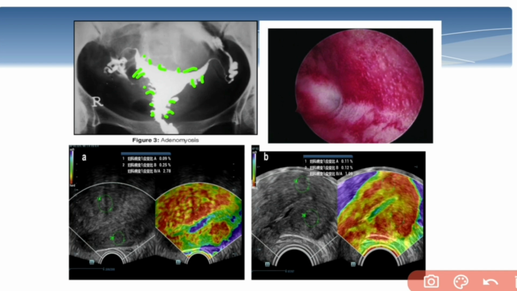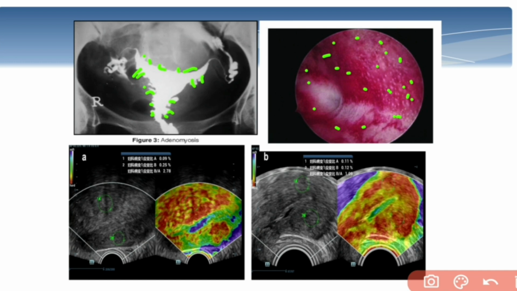Now the second one is hysteroscopy. What we find in hysteroscopy is a strawberry appearance of the endometrium. Strawberry appearance of the endometrium is found in hysteroscopy in case of adenomyosis.